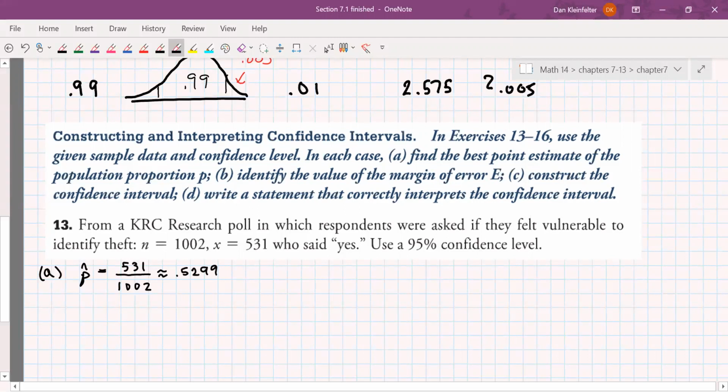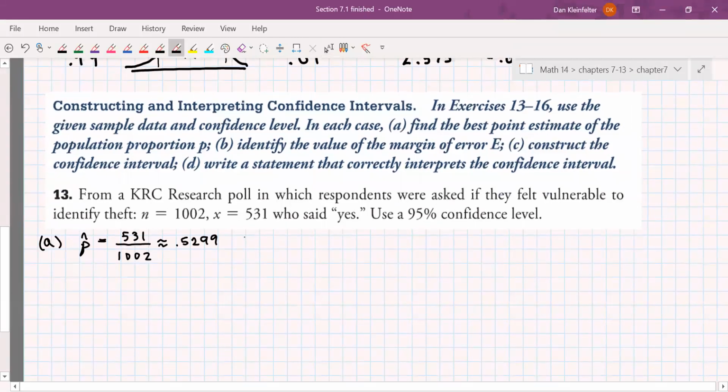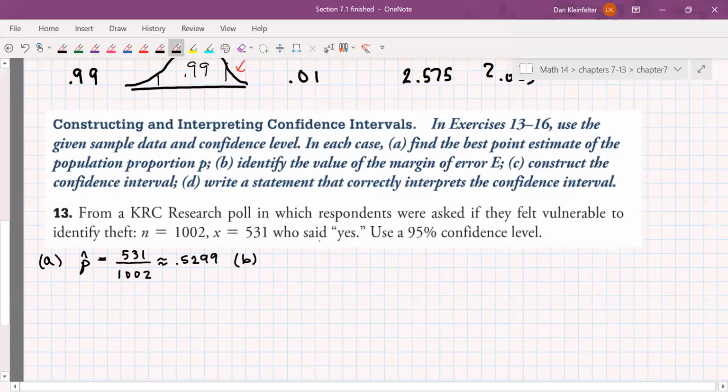Okay. B, it says identify the value of the margin of error E. So for B, we're asked to make a 95% confidence interval. That means that we'll have 95% of the data in the center of our distribution. So that means 5% is the rest of it, or 2.5% is in either tail.